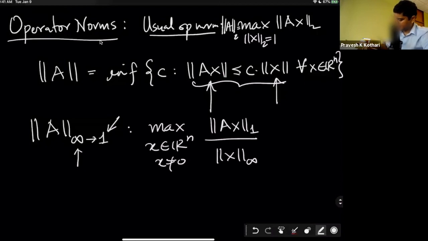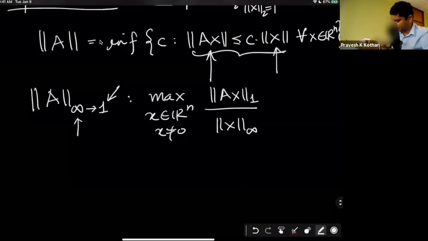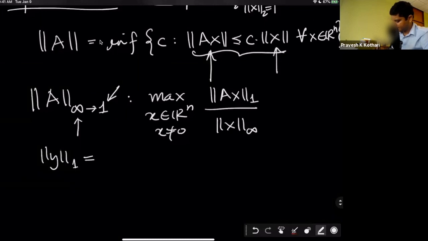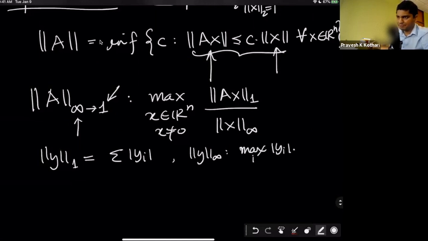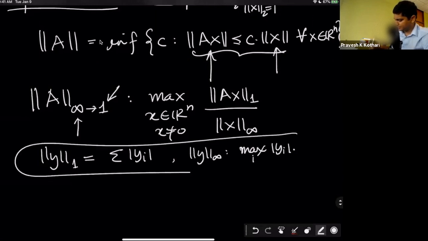Remember, if you don't recall, the one norm of a vector Y is simply the sum of the absolute values of its entries. We are looking at finite dimensional vectors here. And the infinity norm is just the max magnitude of any coordinate. And this particular infinity to 1 norm in some sense is the maximum norm that you can have if you are going to choose LP norms to measure the lengths of both input and output vectors.